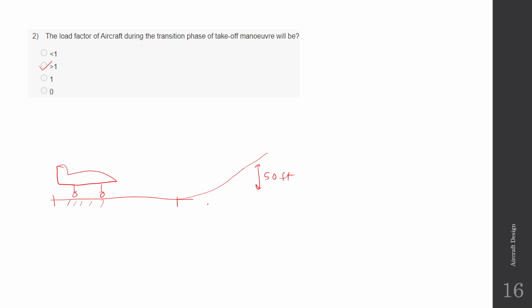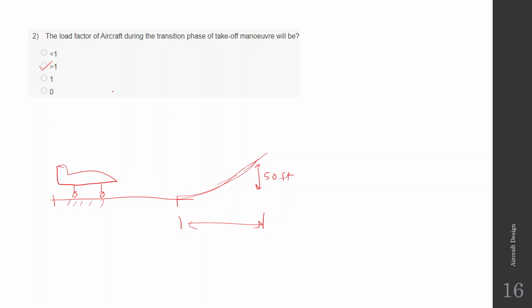So this whole phase is called takeoff. This question is talking about this phase, when the aircraft is climbing a little bit, the transition phase. Over here you can see that the aircraft is actually performing a maneuver, because it is pitching up like this.